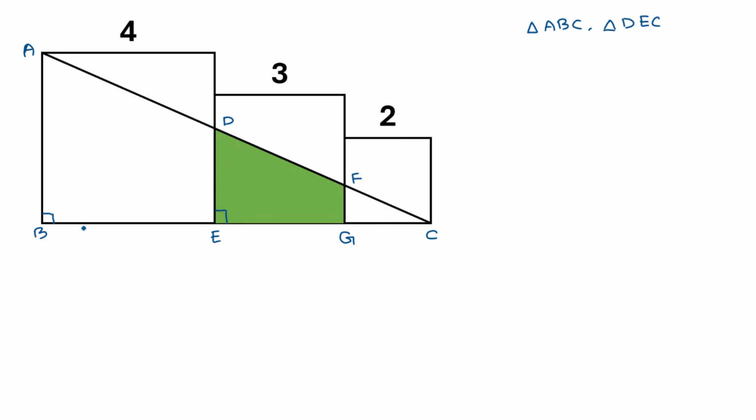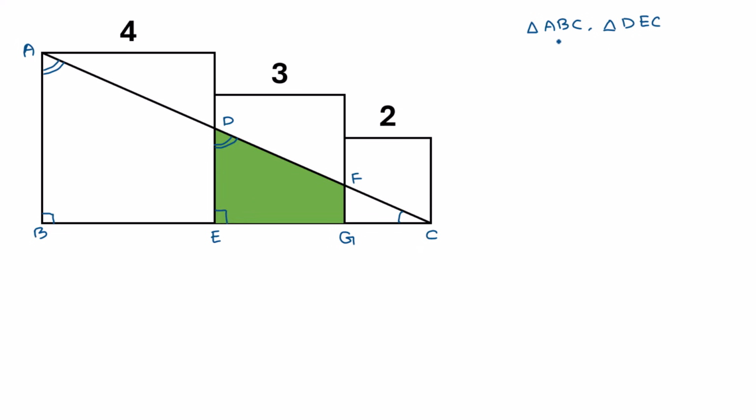So both of these angles are the same, and the angle C is common to both of these triangles. So the rest of the angle, this angle A, is equal to this angle D. So these two triangles are similar triangles.